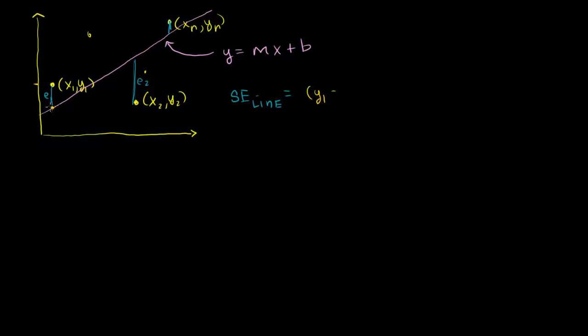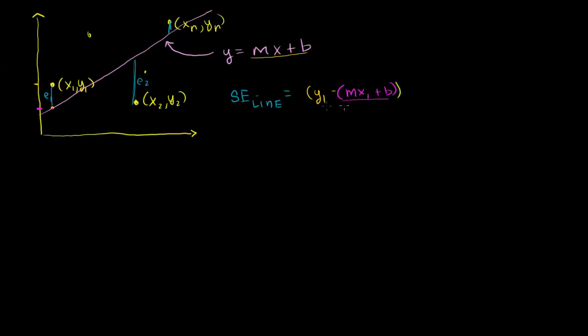Well, that point in the line is essentially the y value you get when you substitute x1 into this equation. So minus mx1 plus b. This right here is this y value. I don't want to get my graph too cluttered, so I'll just delete that there. That is error 1 right over there.